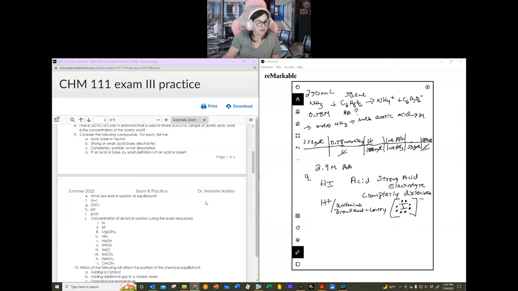All right. What ions exist in solution at equilibrium? Well, there's no HI left. There's H+ and I-. That's what I've got. We want to know the concentration of H+, the concentration of OH-, the pH and the pOH.